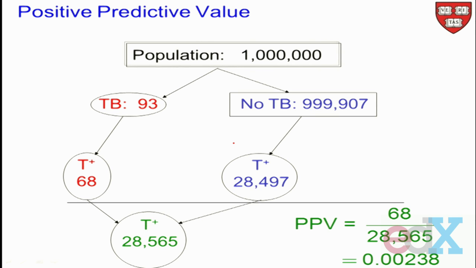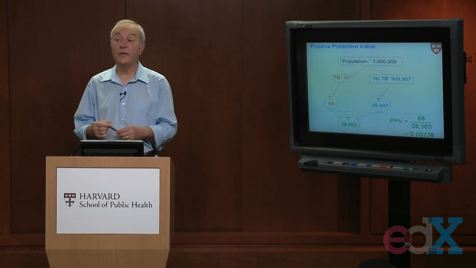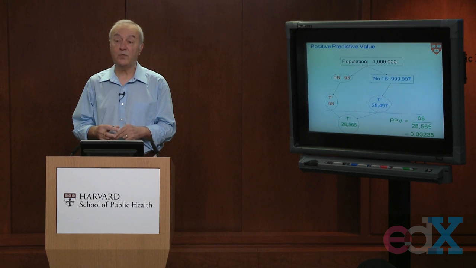So the positive predictive value is 0.00238. So that's like 2 per 1,000, a little bit more than 2 per 1,000. So of every 1,000 who test positive, only about 2 are true positives. That's the problem with these imperfect tests.